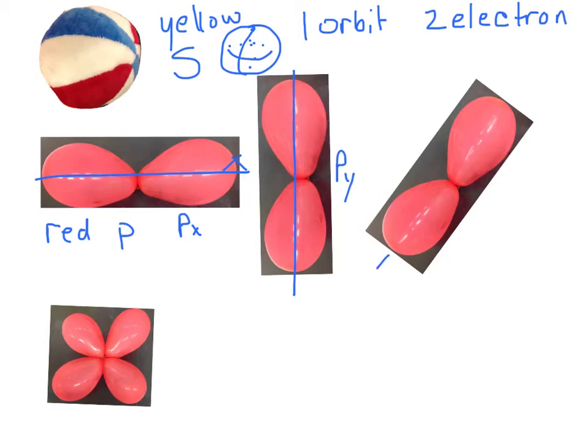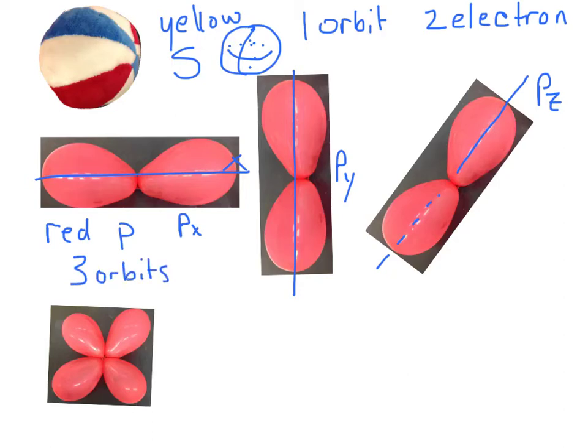And it can be in the PZ, which is along the z-axis. Okay, it looks like basically 2 balloons hooked together. That's empty in the center, and just like the sphere up here would be empty in the center, that skin is where you would find the electrons. Now, notice by P I had 3. It can have 3 orbits.